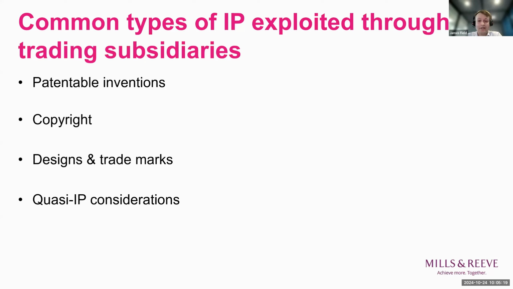Another common type of IP that you might want to exploit is copyright. Broadly, copyright protects various types of work which are the original expression of the author's ideas. It is worth emphasizing there it's the author's expression rather than the ideas themselves.